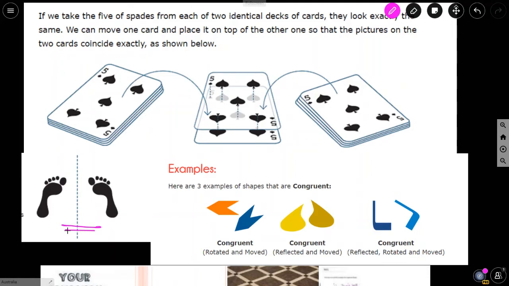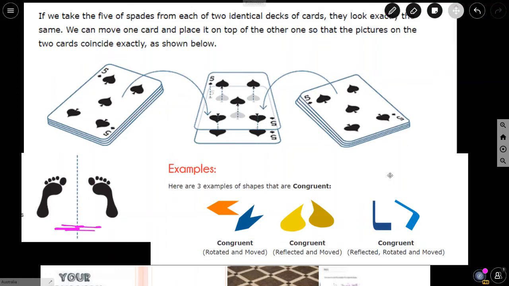The second figure is also exactly the same. These three examples show one rotated and moved, another reflected and moved, and then reflected, rotated and moved, all with the same size and the same shape.